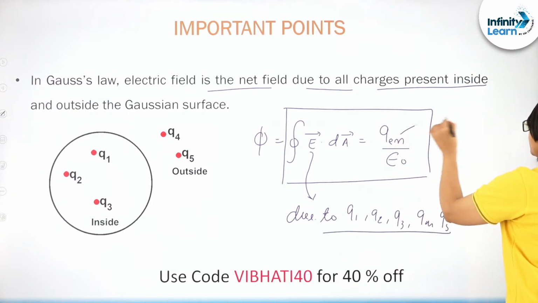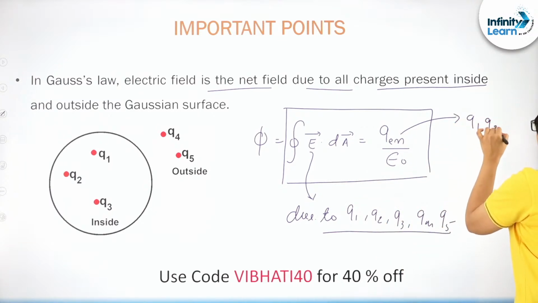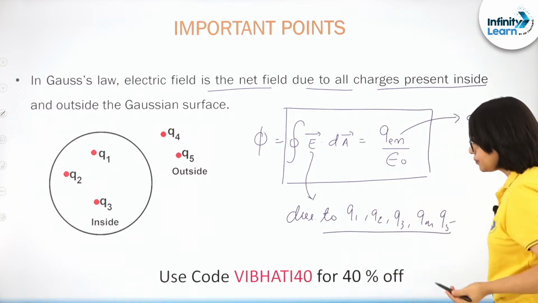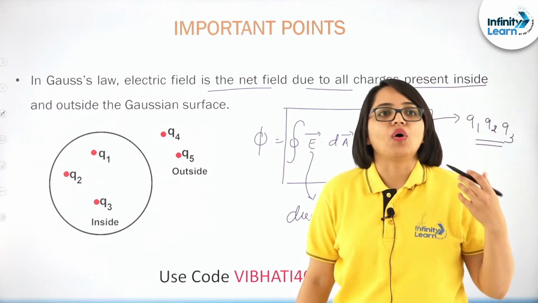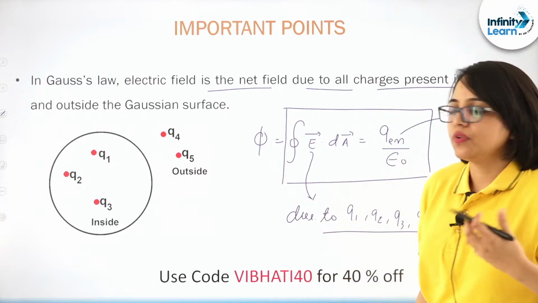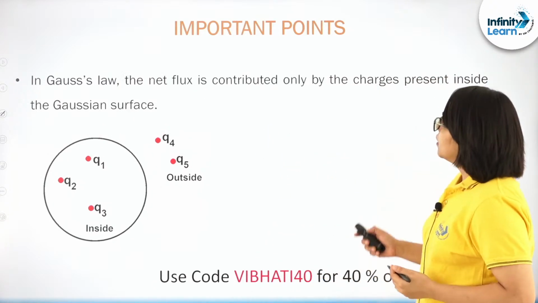We will include Q1, Q2 and Q3 over here, but while calculating the electric field, you'll have to include all the charges, right? All the charges, Q1, Q2, Q4, Q3 and Q5. I hope this is clear.